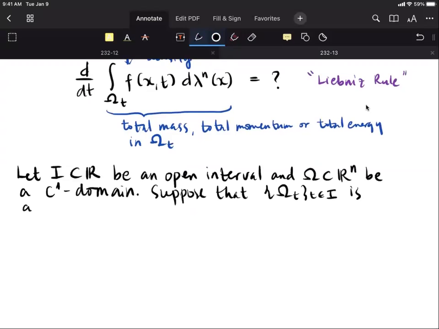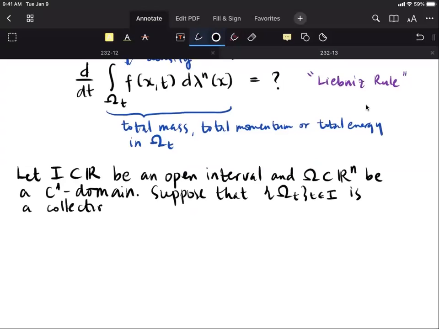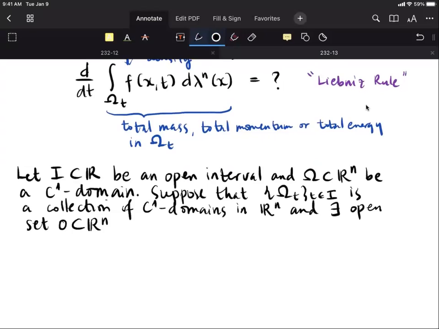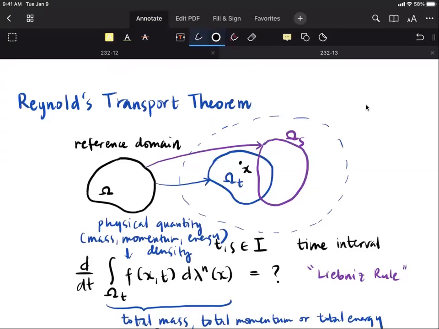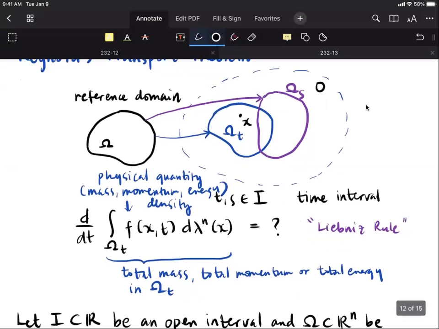Suppose that this is a collection of C^1 domains in R^n, and there exists, let's say, an open set in R^n that contains these transported domains omega t for all t in the open interval I. So suppose that this is our open set O that contains all the transported domains.